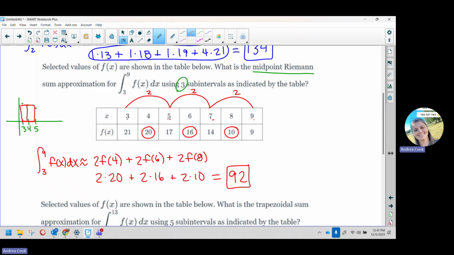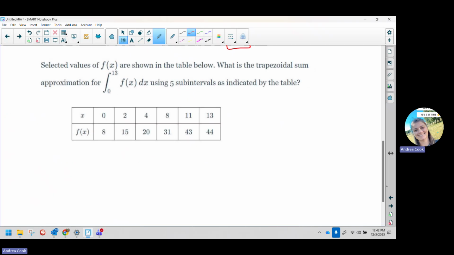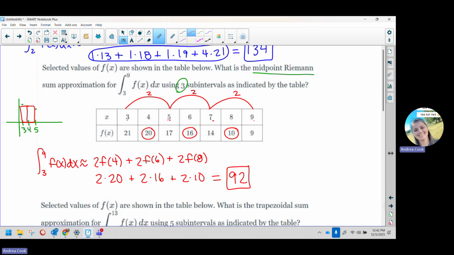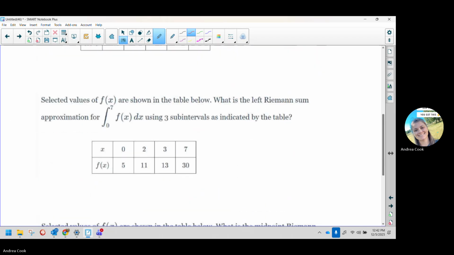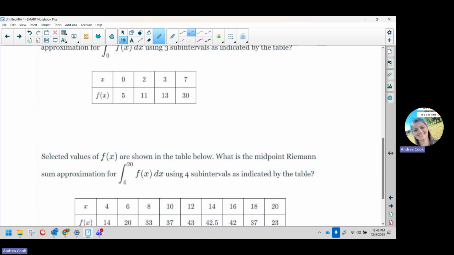All right, I'm going to give you 3 or 4 minutes to try the left and the midpoint one on the next page. I want you to try this one, that's 0 to 7, and the 4 to 20.